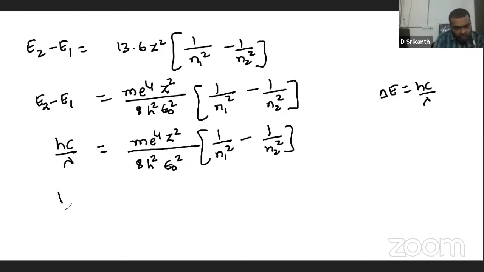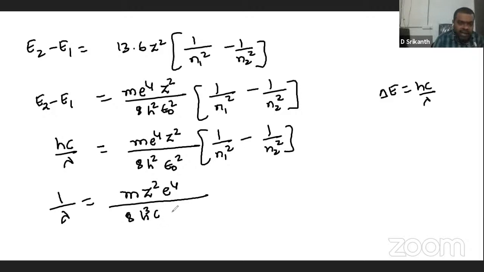That is 1 by lambda equal to m Z square e power 4 by, bringing this hc to the bottom, 8 h cube c epsilon naught square, times 1 by n1 square minus 1 by n2 square.